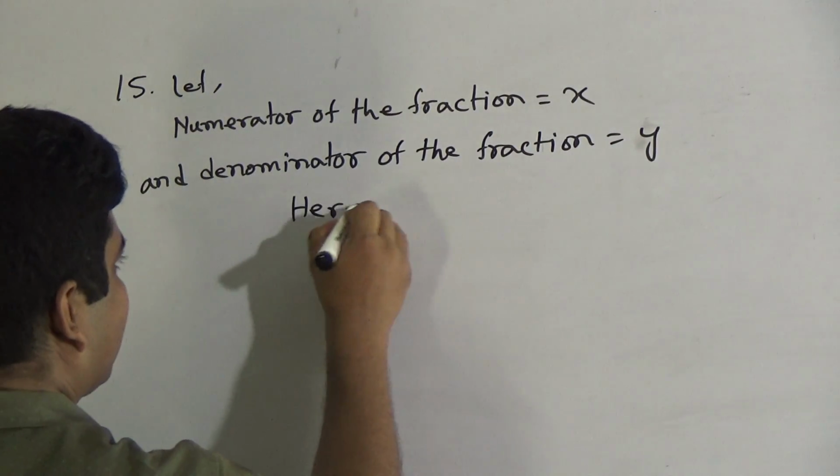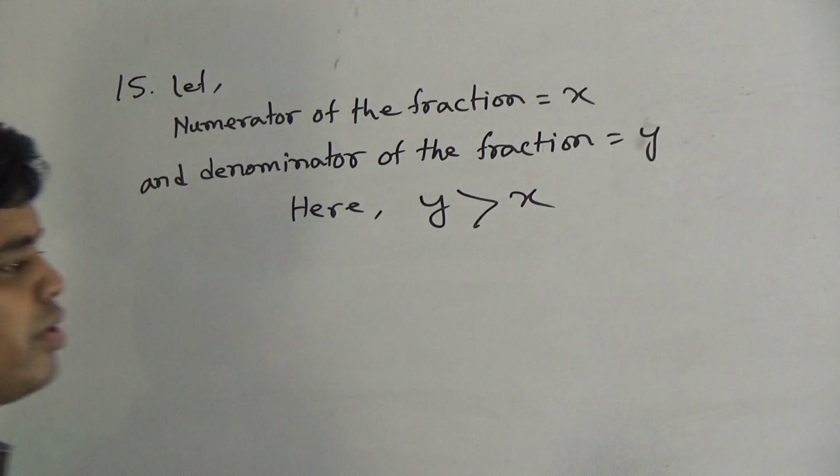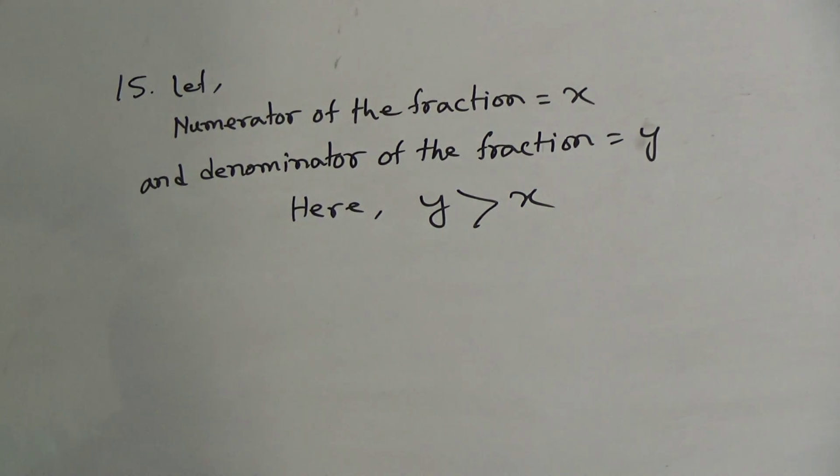Here y greater than x. Why? Because the question gives you the information that the fraction is a proper fraction, and we know denominator must be greater when a fraction is proper.